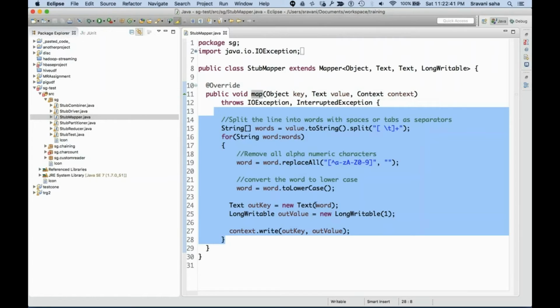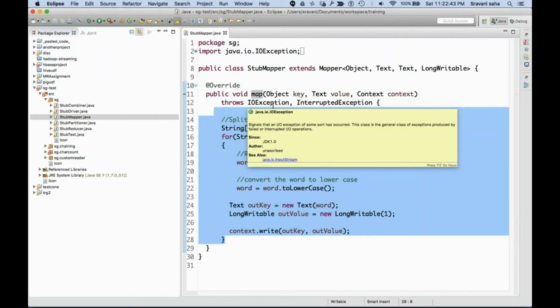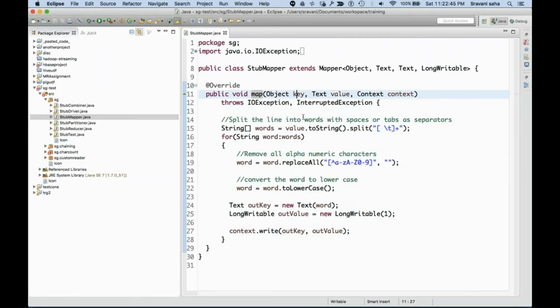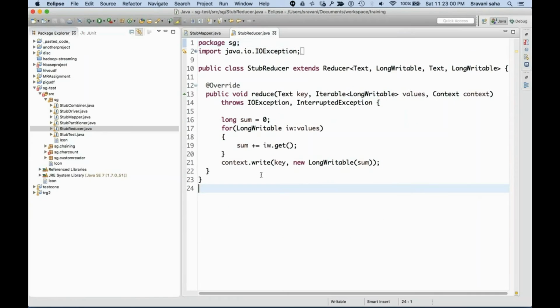But it is constrained: it is supposed to only take this as the key, this as the value, and then do something about it, and whatever it wants to give out, like key value, it gives out using context.write.